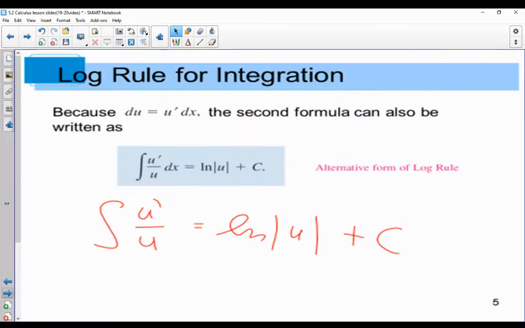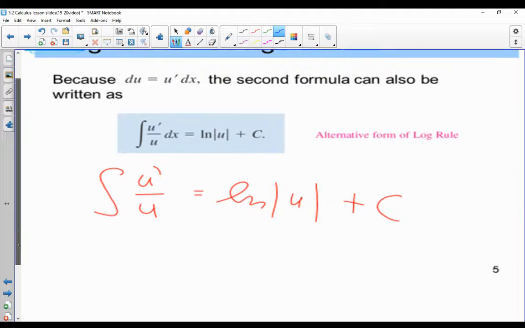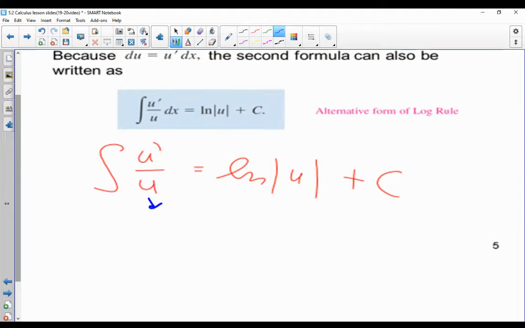Now let's do an actual example. Oh, sorry. So just basically a synopsis of what we're going to be looking at today. Mostly our objective is we're always going to look at the bottom, and then we're going to derive it. And if the derivative of the bottom matches what we have on top, then we are free to just say natural log of the bottom.